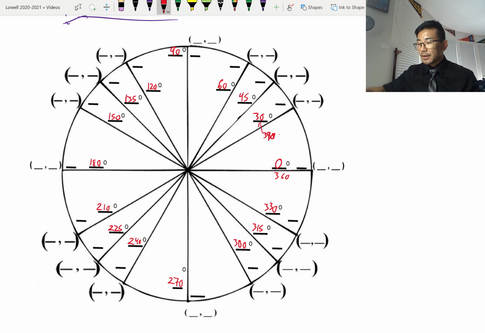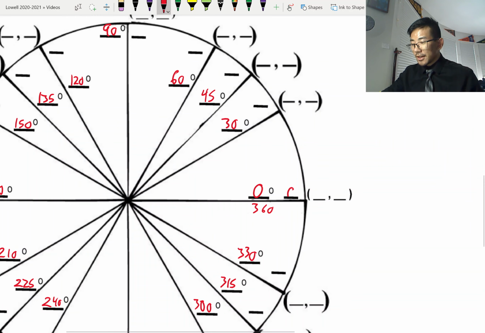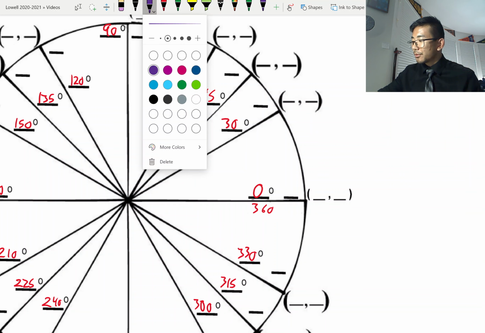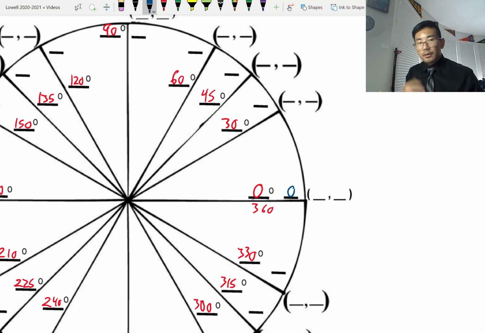Okay, but what we're also going to want to remember is what these are in radians, because remember, our life actually gets a lot easier when we can do everything in radians. So, 0 degrees is 0 radians, and we'll do the radians in blue. 0 radians, 0 degrees, same thing.